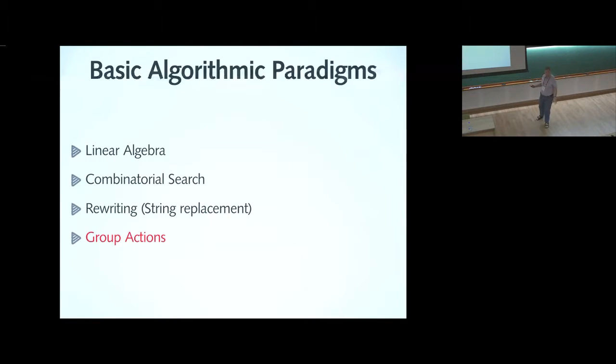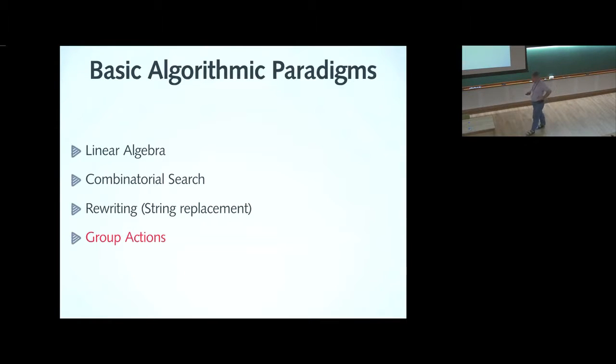There is linear algebra, triangulizing matrices, inverting matrices, and so on. There is what I call combinatorial search, trying out all possibilities. That works. The computer is quite patient, but that is something which scales very badly if the problem gets bigger and is limited in scope.